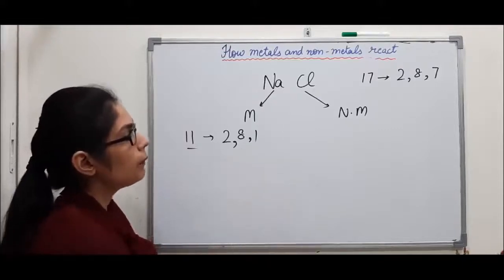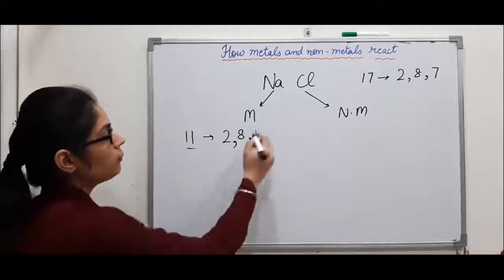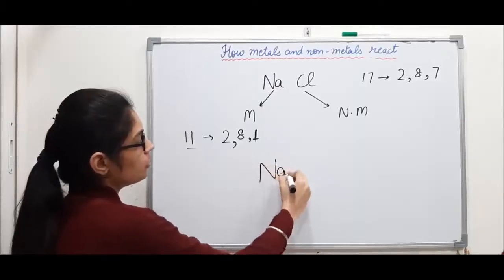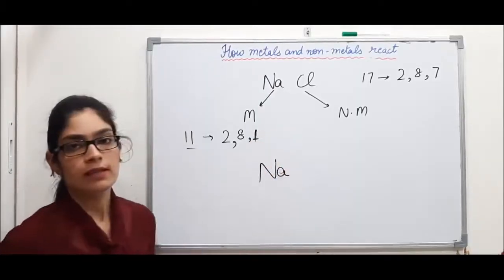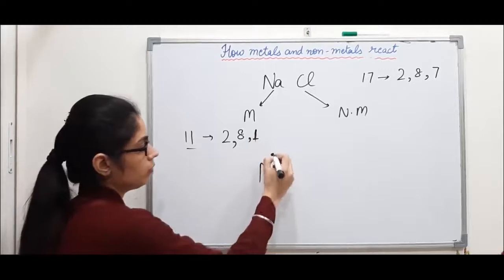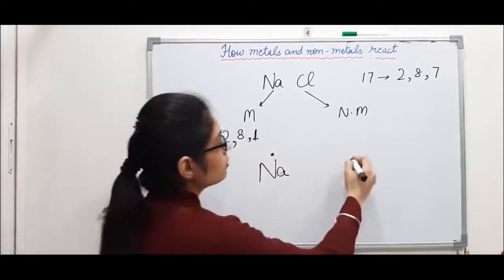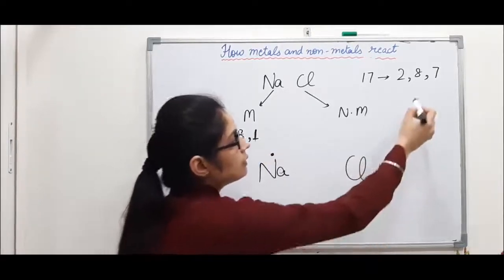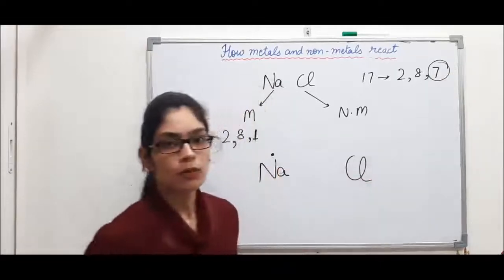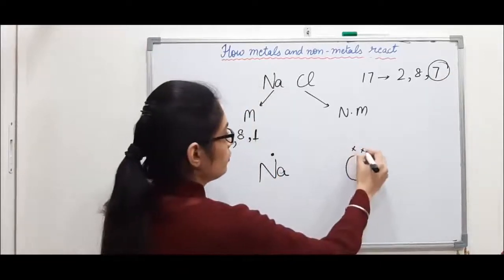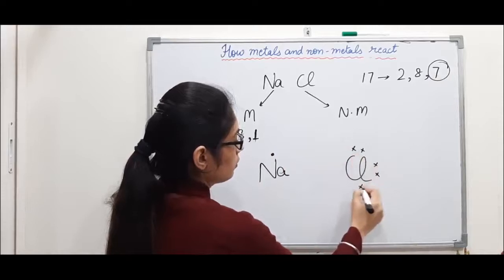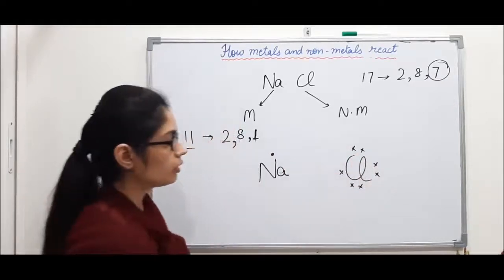Now let's come back to the example. We can see in sodium, 1 electron is there in outermost shell. So we can draw like this. Now in case of chlorine, 7 electrons are there in outermost shell. So let's differentiate; we can represent with this cross.